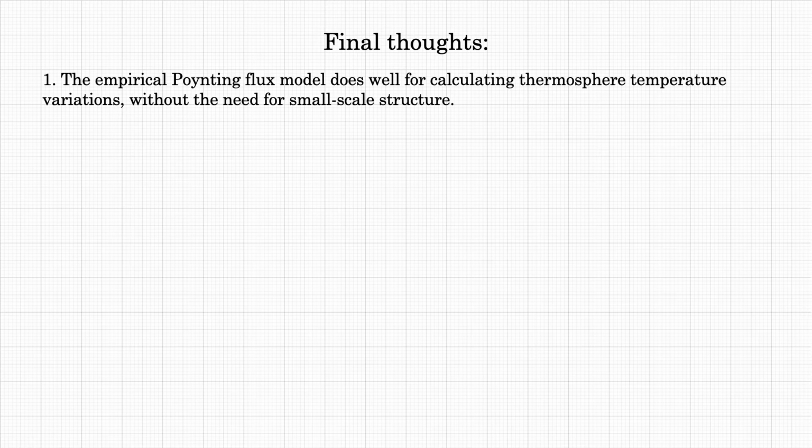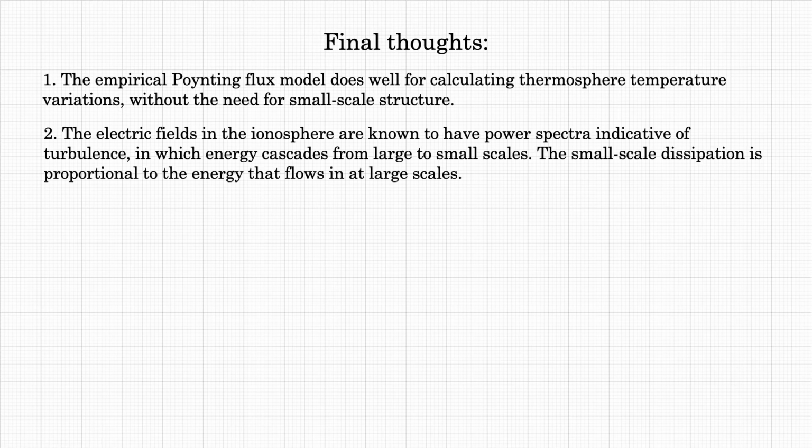One is that the empirical Poynting flux model does well for calculating the thermosphere temperature variations without the need for small-scale structure. Second, the electric fields in the ionosphere are known to have power spectra indicative of turbulence, in which energy cascades from large to small scales. The small-scale dissipation is proportional to the energy that flows in at large scales.